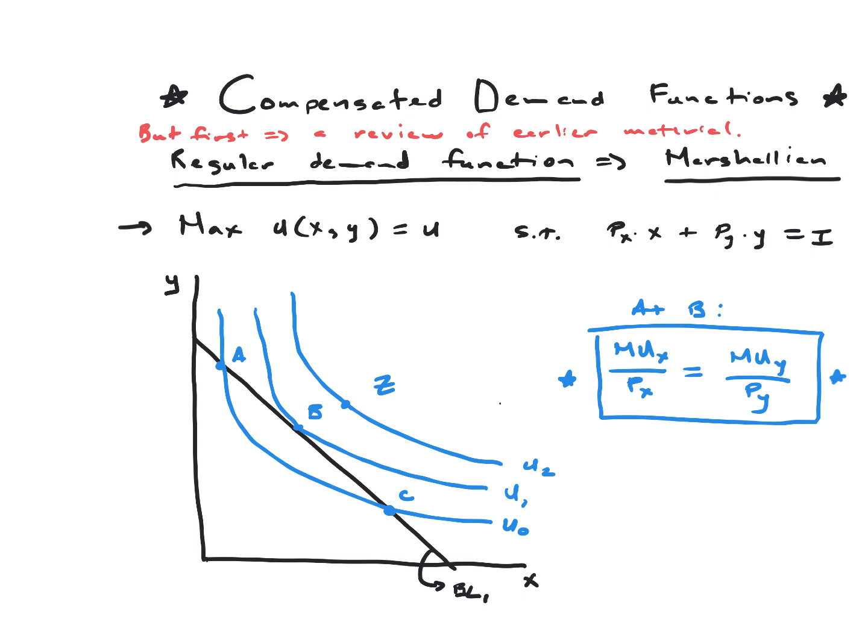In other words, the marginal utility per dollar for good X was equal to the marginal utility per dollar for good Y. Remember that the bang for the buck condition, which I've got in the blue box, just comes from what we see in the graph, namely that the marginal rate of substitution, MUX over MUY, is equal to the slope of the budget constraint, which is PX over PY.